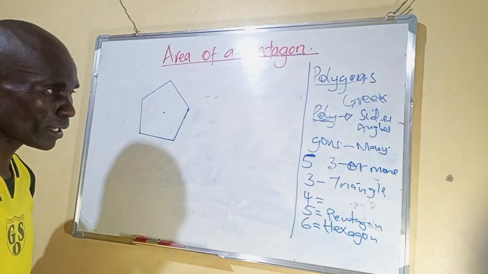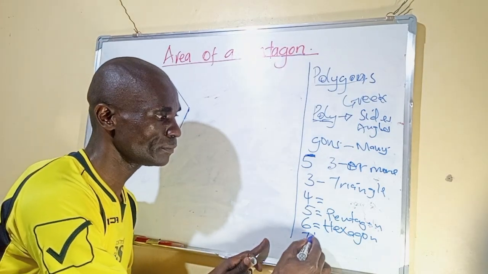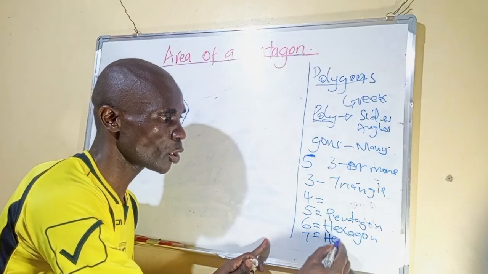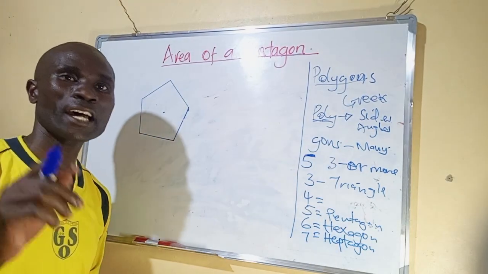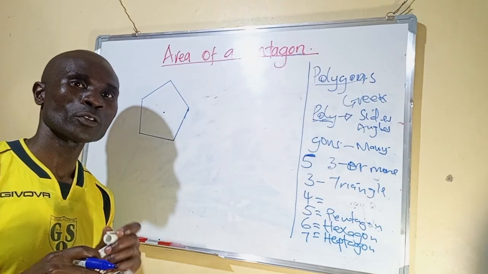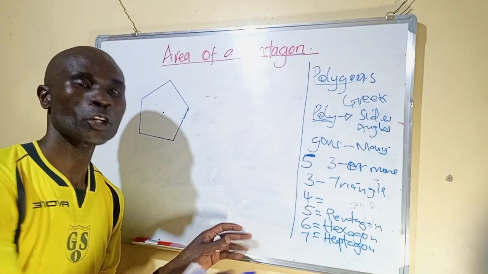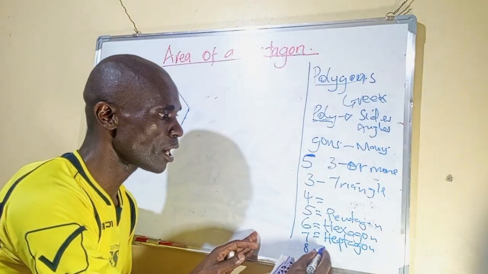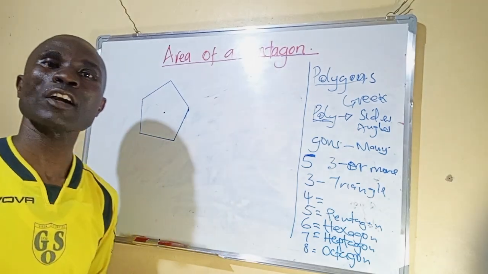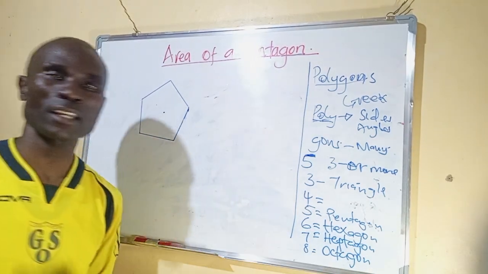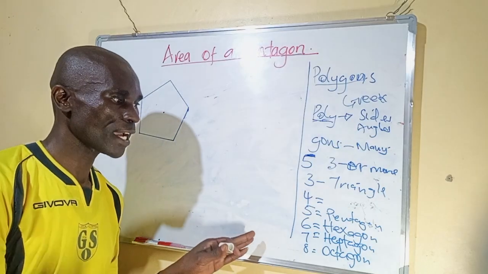And then we have seven. Seven is hepta. Seven is heptagon. So heptagon is simply a seven-sided figure. So for those figures that have seven sides, that is heptagon. Eight is octagon. So octagon for eight. Octa, I said, means eight, and then gon for sided or sides.